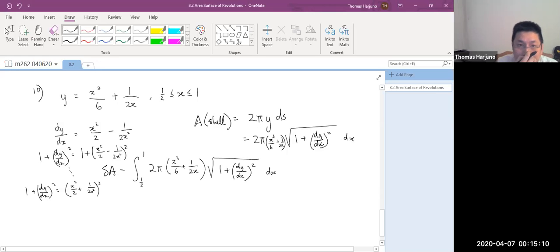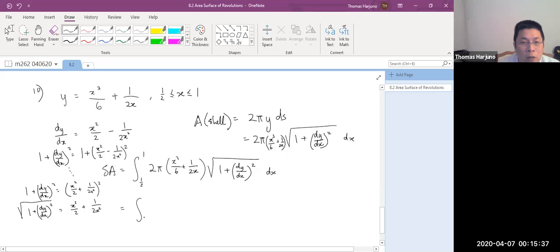Is it right? Such that the square root of that is equal to x squared over 2 plus 1 over 2x squared. Now go back to my integration.